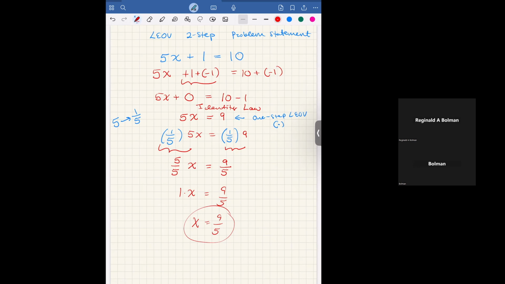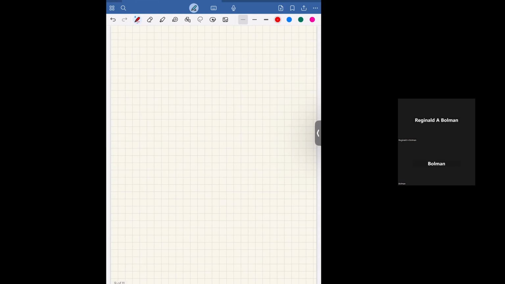And all we need to know is that for two-step problem statements, we can always find our unknown variable. We can always locate our x using the following process. For a two-step LEOV, you're always going to have an equation. Some number times x plus or minus something is equal to something else.